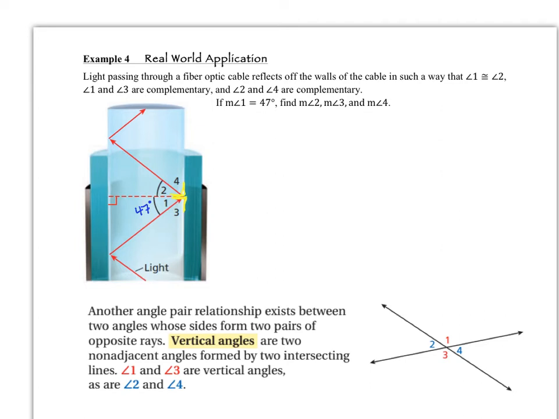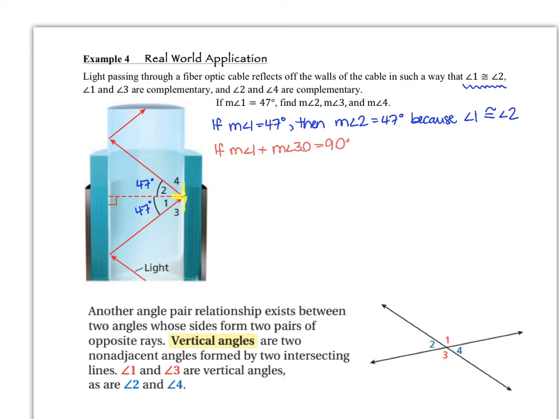We're going to kind of start out with an easy one right here because we were already told that angles 1 and 2 are congruent, or they have the same measure. So we know that if angle 1 measures 47 degrees, angle 2 measures 47 degrees. And that means we're ready to find the measure of angle 3. Now we know that angles 1 and 3 are complementary.